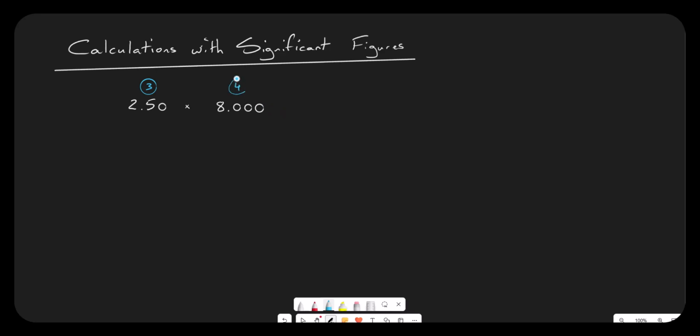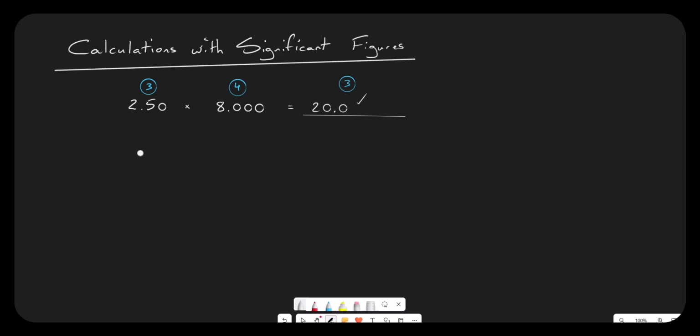We talked about just how that works, so this has four significant figures. 3 is less than 4, so when I get my answer, I need my answer to have 3 significant figures. That's my less precise number. Alright, 2.5 times 8, that is 20. And I need this to have 3 significant figures. 20.0, 1, 2, 3. That's how I'm going to write this number.